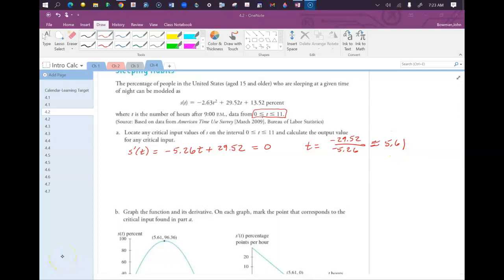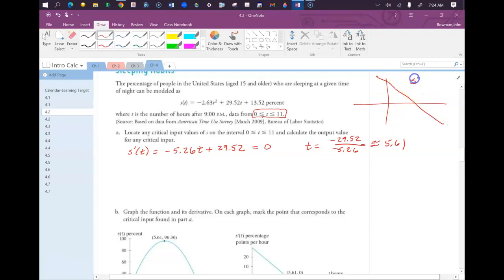So what I know is that s prime of t is 0 at t equal 5.61. What I don't know without thinking about it or looking at the graph of s prime of t is whether t equal 5.61 is the location of a relative max or min. If you were to graph s prime of t, what you would find is a line that has a negative slope.